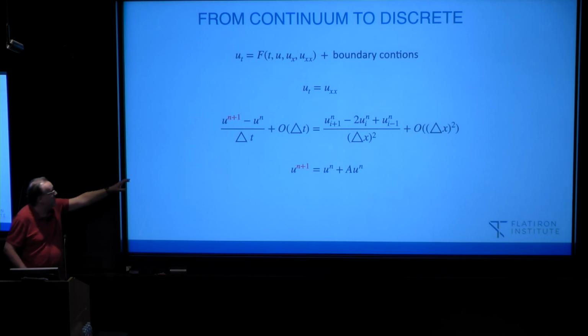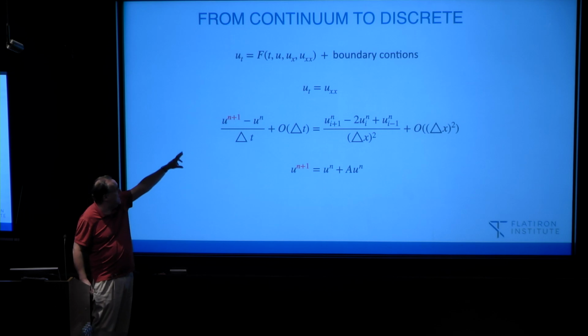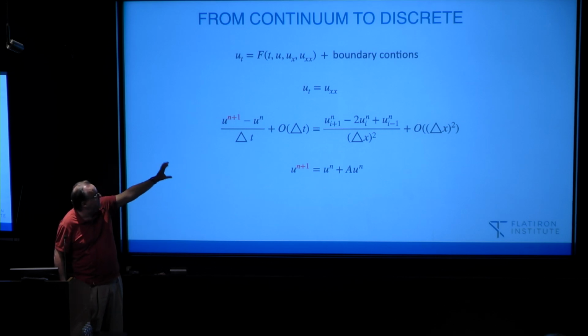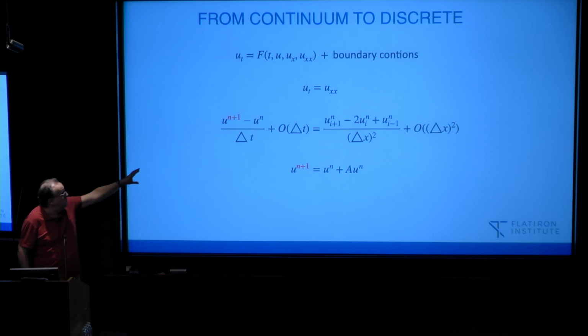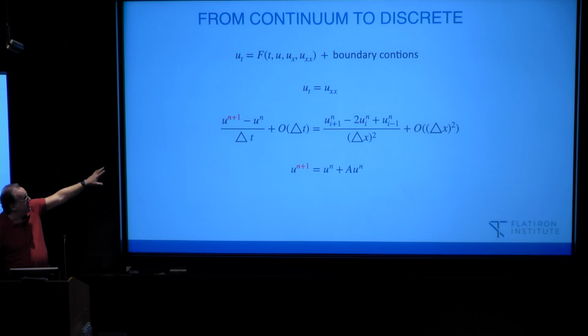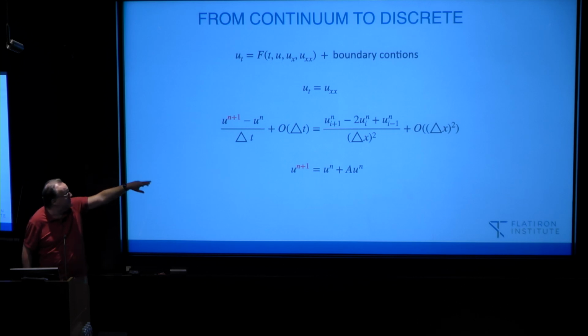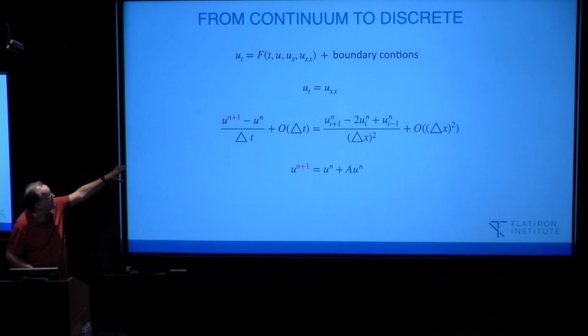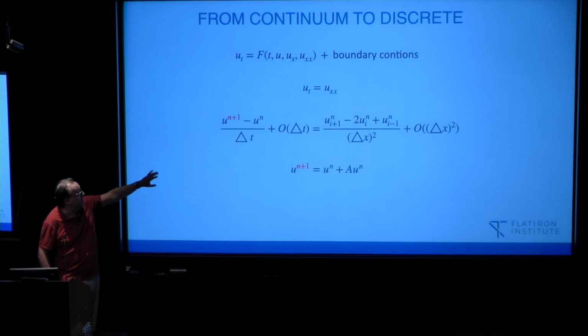So I'm simply replacing the derivative in time with a forward difference, and the second derivative in space with a centered difference. And we see that if you just do a Taylor series expansion on them, you get some order delta t and delta x squared in there, which tells you how close one could hope this would be to the continuum problem as you refine in time and in space.